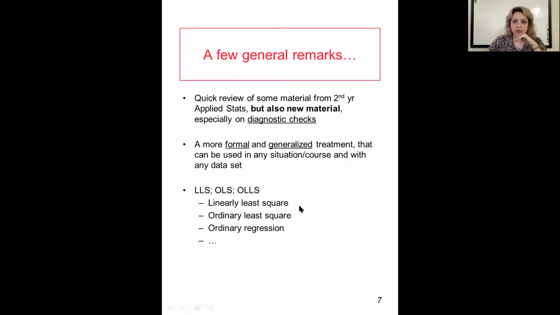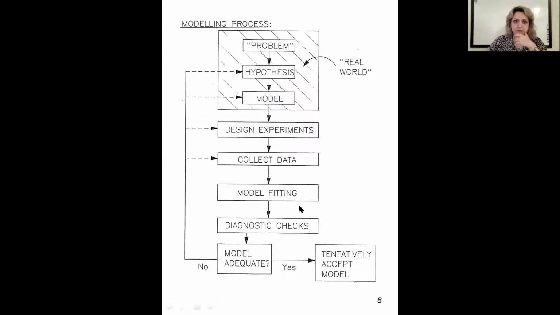I already talked about this. Here is the modeling process that we will use. Basically, in the real world, when you want to build your model, you make some assumptions, a hypothesis, and then you make your model. Then, as an engineer, you design an experiment. We will work on design of experiments in the next chapter.